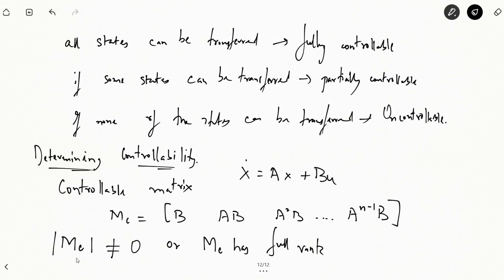Or in other words, we can say if the determinant of this matrix is not equal to 0, then the system will be controllable. And if the determinant of this matrix is 0, then the controllability matrix cannot have full rank. Therefore, the system will be uncontrollable.